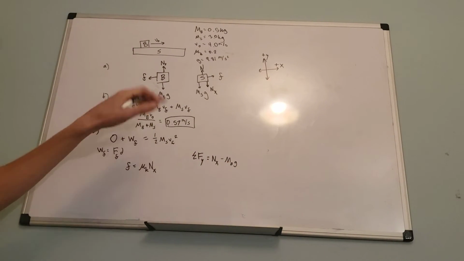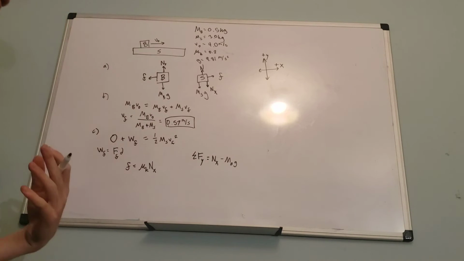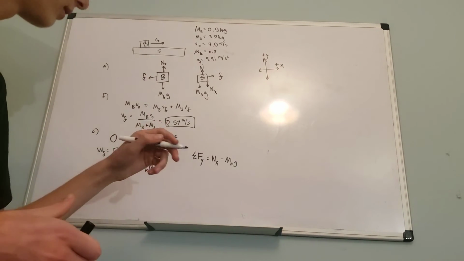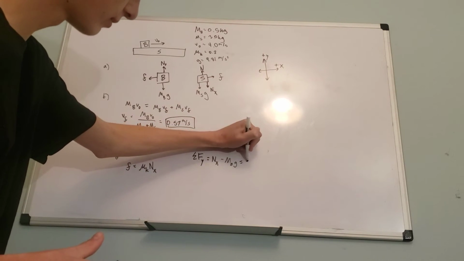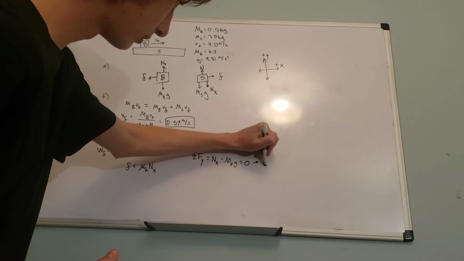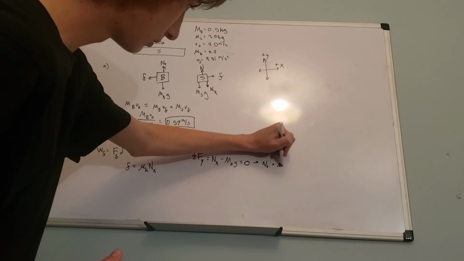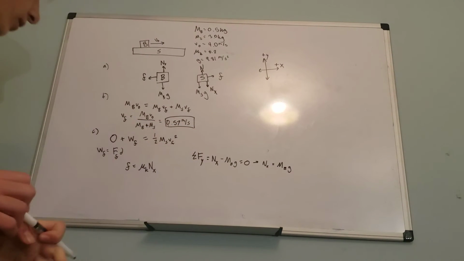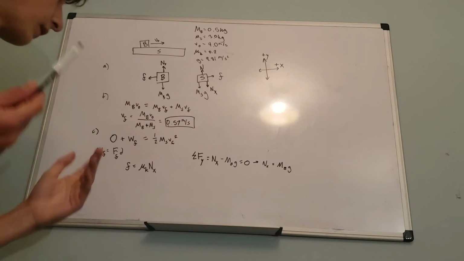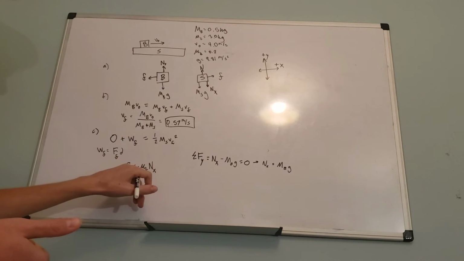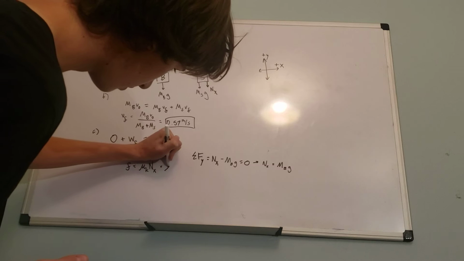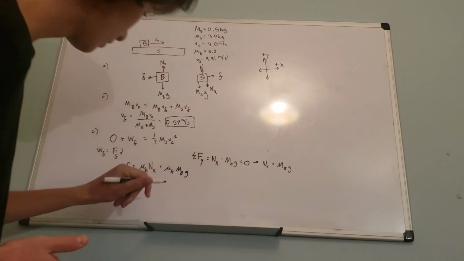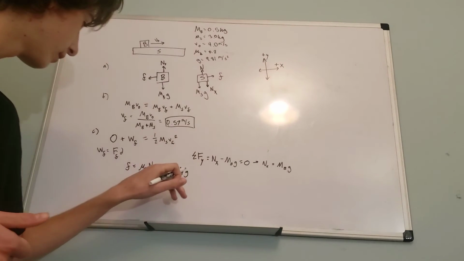And we know that both objects are not moving at all in the y direction, therefore they have no net acceleration in the y direction. So mass times acceleration is 0. So therefore, that's true. And that's pretty much it. So now we can plug that back in here. I'm going to save this, we'll need it later.